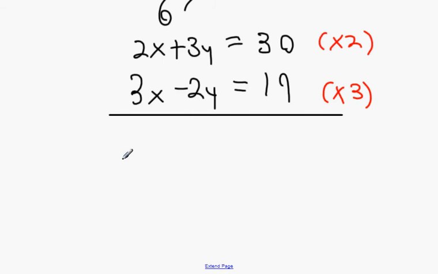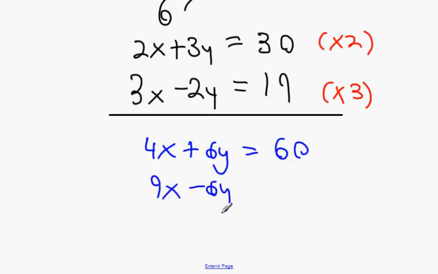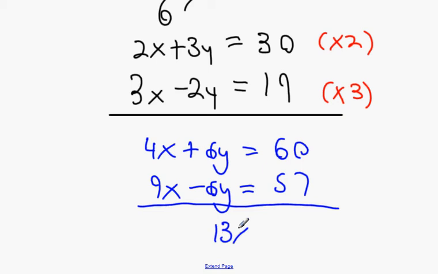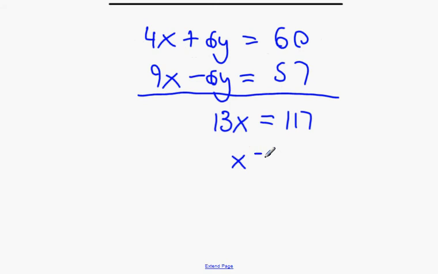And what we get here is 4x plus 6y equals 60, and 9x minus 6y equals 57. 13x equals 117, and x equals 9, because 117 divided by 13 is 9.